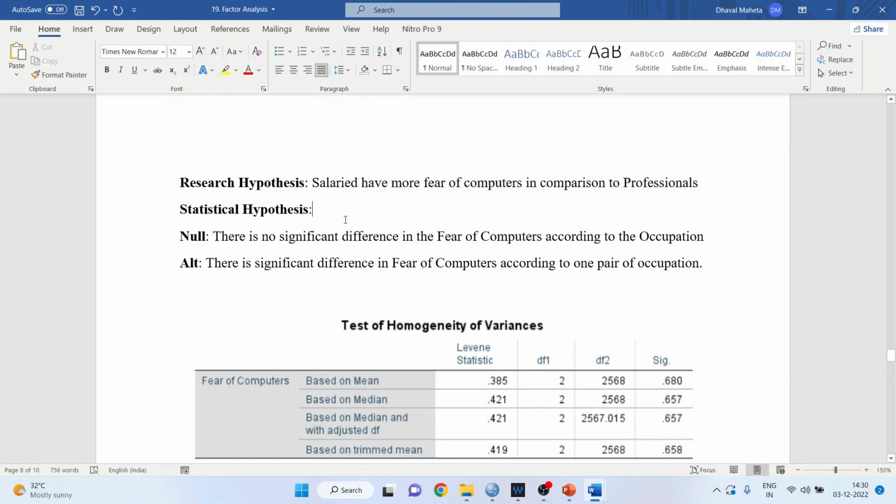We will convert this research hypothesis into a statistical hypothesis, which means that there is no significant difference in the fear of computers according to the occupation. Alternatively, there is a significant difference in fear of computers according to at least one pair of occupation. I'll request all my viewers to refer video number 32, in which I have discussed one-way ANOVA.